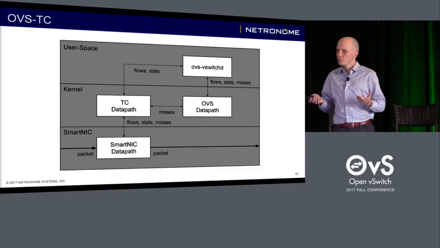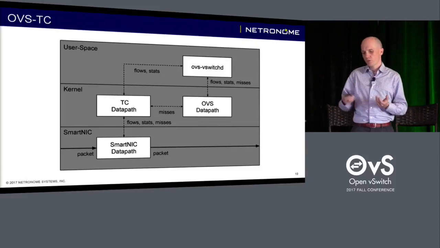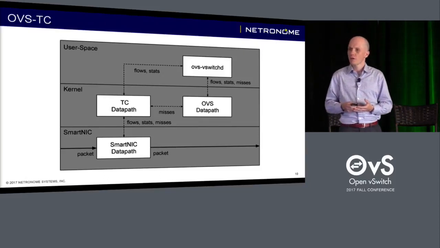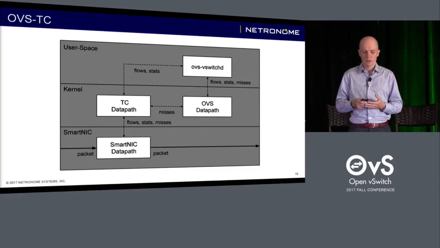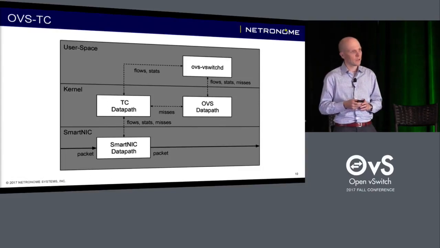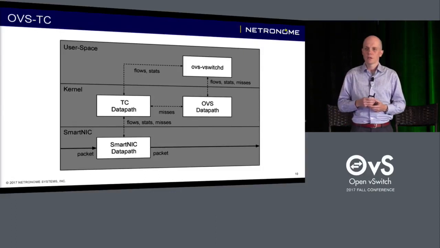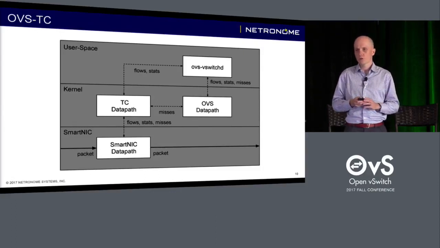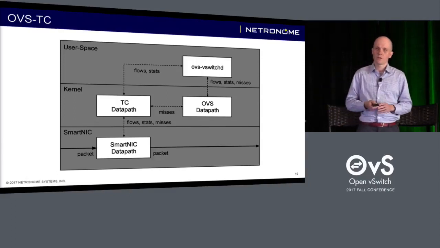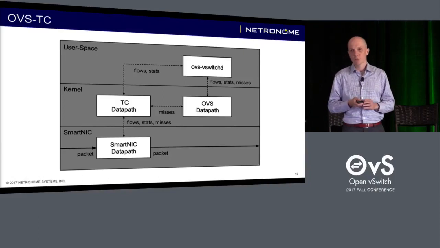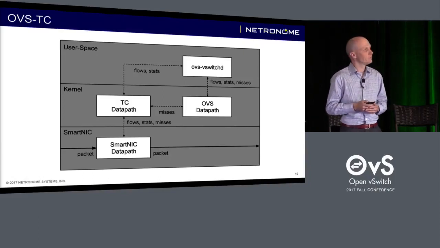That may have the flow, because it could have been a decision made to put it into software rather than hardware. It doesn't always make sense to put all flows into hardware. For instance, ARP, you don't expect a very high packet rate there. Maybe it's just as well to put it into the software. But ultimately, if there's no flow in the OVS data path, it goes up to user space and it decides what to do with it.